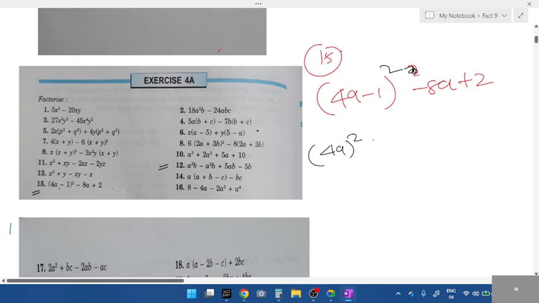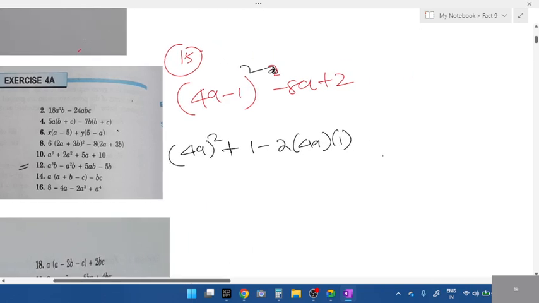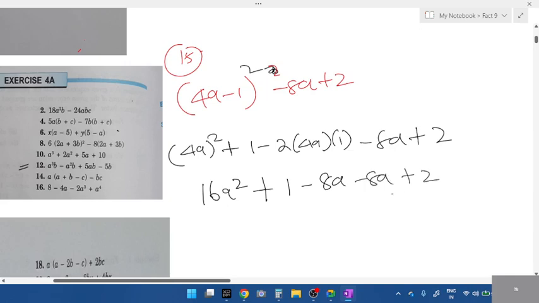So 4a square plus 1 square is 1 minus 2 into 4 into 1, 8a, plus 2. 4a square is 16a square plus 1, then minus 8a. So what are the like terms here? 16a square, 1 plus 2. What is 1 plus 2? Plus 3, right?